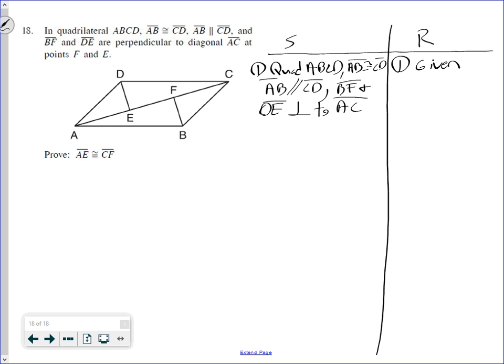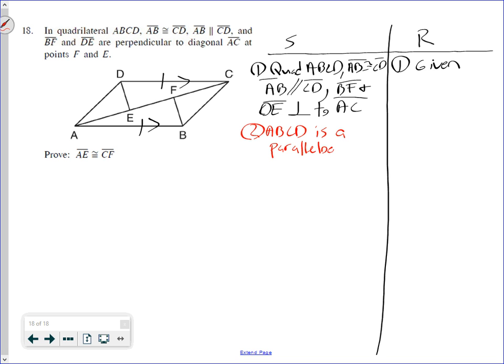Now here's kind of the key to this problem: recognizing they told us AB and DC were congruent as well as parallel. When you have the same set of sides congruent and parallel, you can say that you have a parallelogram. And this step is going to make it a lot easier.